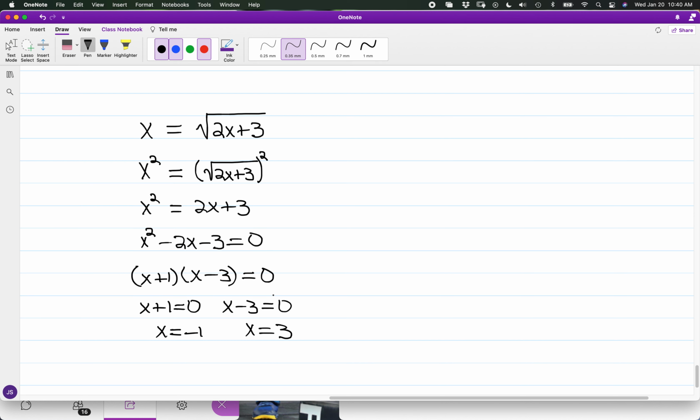Now, anytime you have an even root radical equation, like in the case of the square root, you want to check the results. You don't have to write out the checking, but I just want to mention it. So if I were to check x equal to -1, I have -1 is equal to the square root of 2 times -1 plus 3.